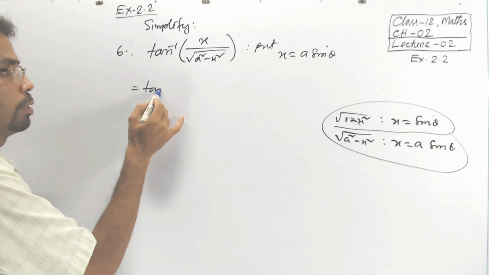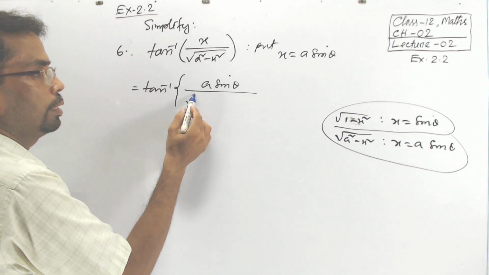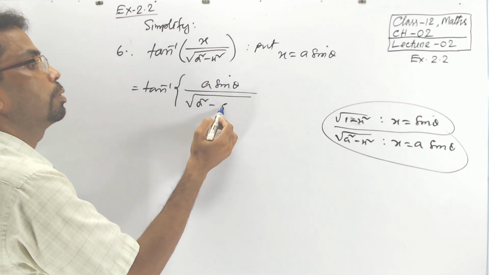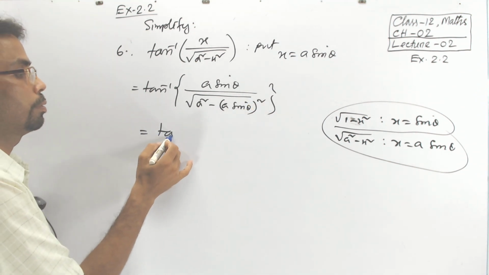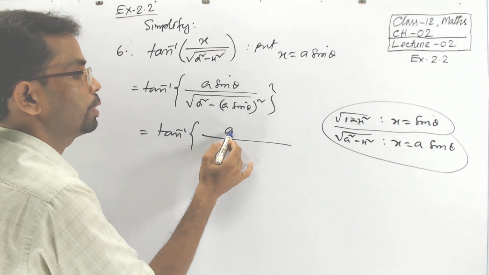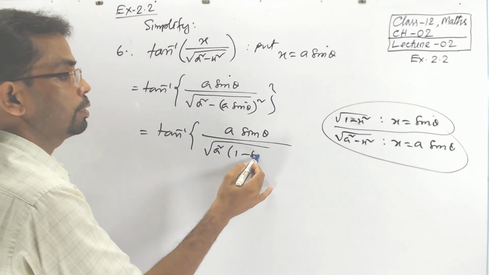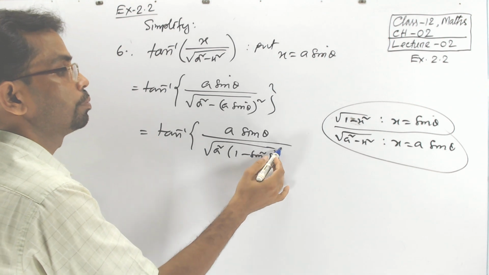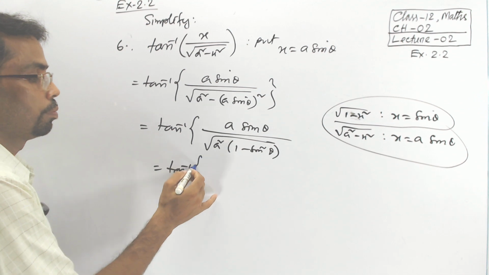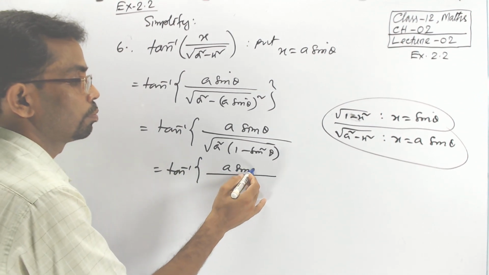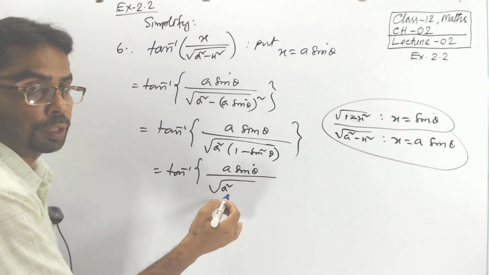So here I have to take x equal to a sin theta. Then let us see, x equal to a sin theta, and here a square minus x square, x is again a sin theta, whole thing square. Then we will simplify. See, a square is now common, and 1 minus sin square theta will remain. A square is common, and a square, 1 minus sin square is cos square.